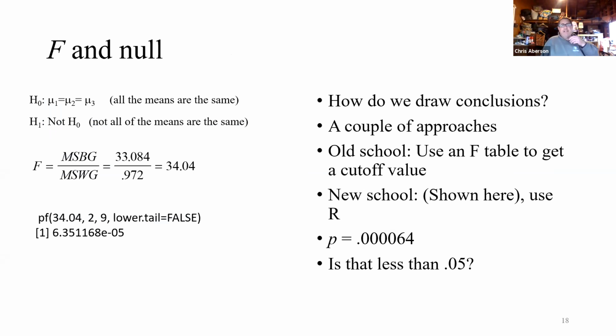And then the PF command here gives us the probability of our result. What would be the probability of getting a result this extreme if the null hypothesis were true? We can see that it's a very small value, 0.00000. Is that less than 0.05? Yeah, that's clearly less than 0.05, so we would reject the null hypothesis.